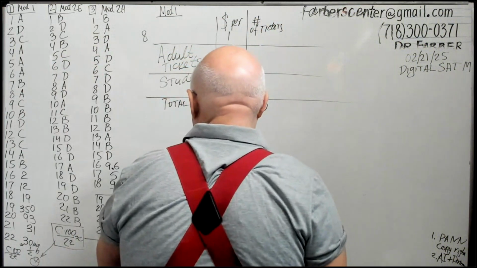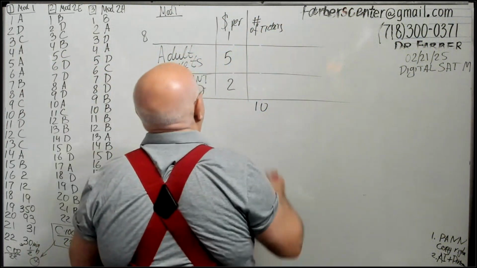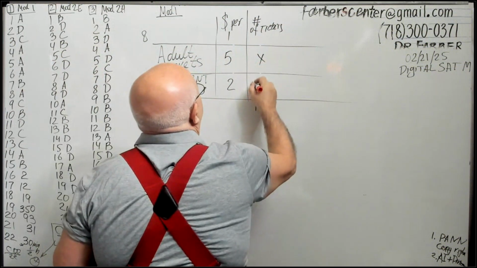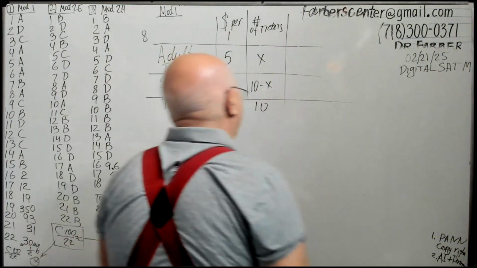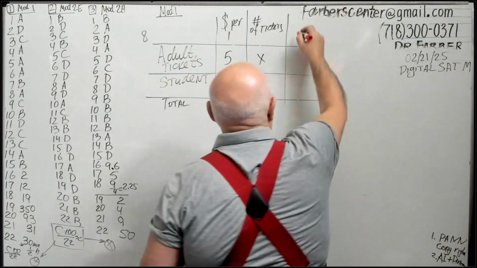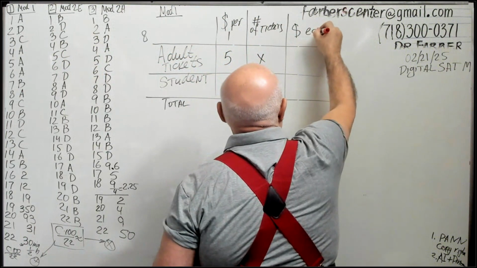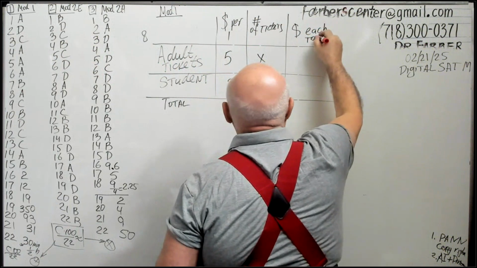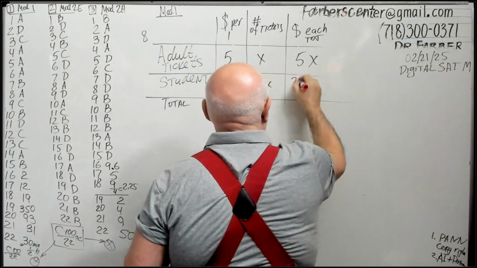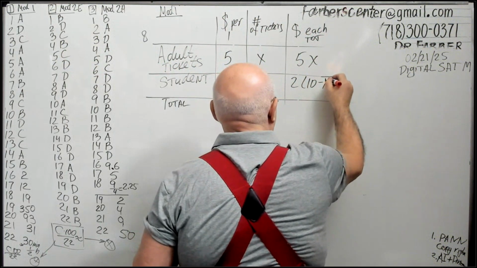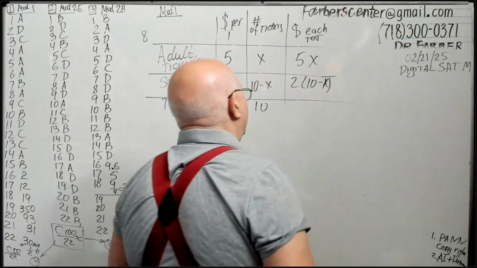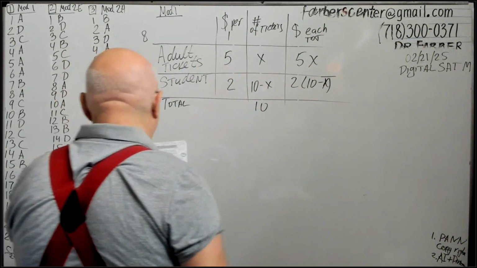If this is 10, I choose, let's say this is X, this would be 10 minus X. And the total value for each: 5X and 2 times 10 minus X. And what else do we know?